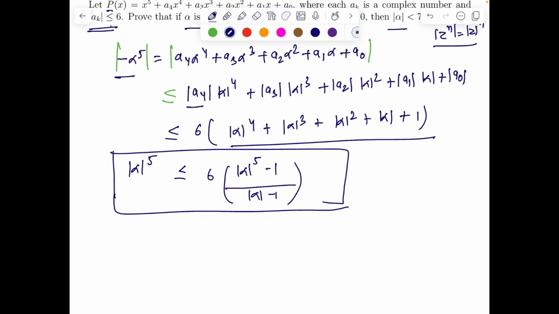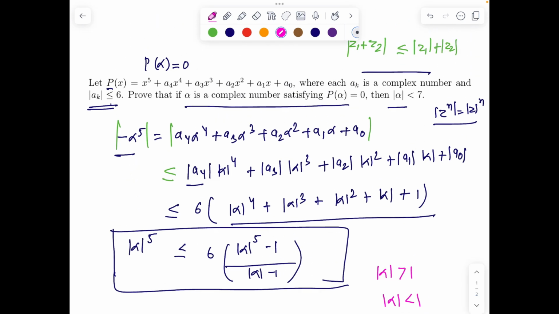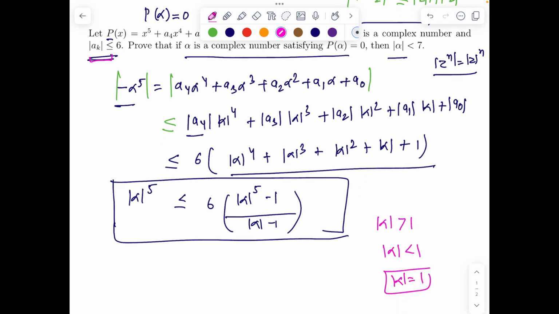this result. Right? So now we can take two cases. Okay, if I cross multiply, so either mod alpha will be greater than 1, or mod alpha will be less than 1, or mod alpha is 1. We are not allowing mod alpha equal to 1 here, because if mod alpha is 1, then definitely mod alpha is less than 7, so that will take care of it.